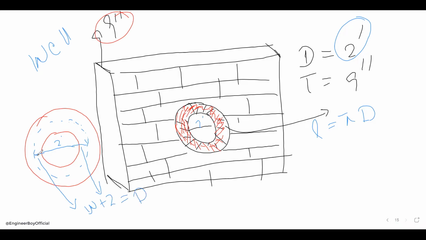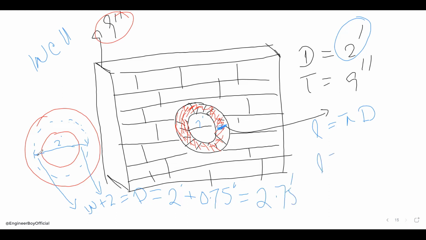So we can have the effective diameter. It is very simple. It means the effective diameter can be now 2 feet plus the weight of the arch, and that is 0.75. That is just 9 inches, and 9 inches means 0.75 feet. So the diameter is 2.75 feet.